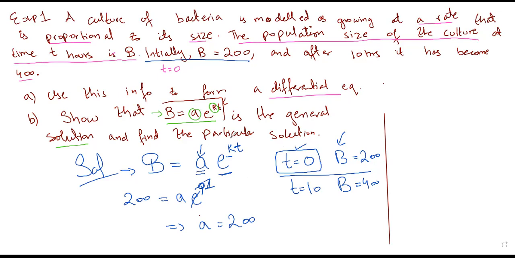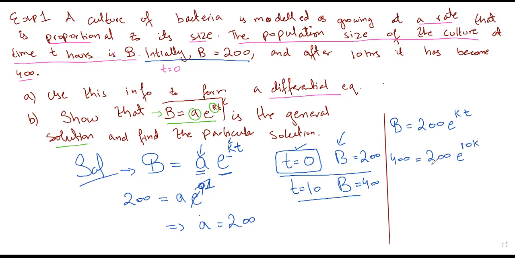And the next constant is k. So we rewrite the equation using the value of A: 200 e to the kt, and now we can use these two. 400 equals 200 e to the 10k.